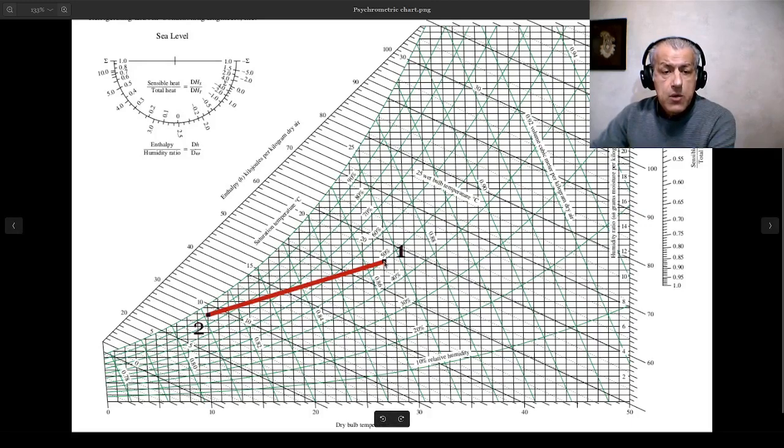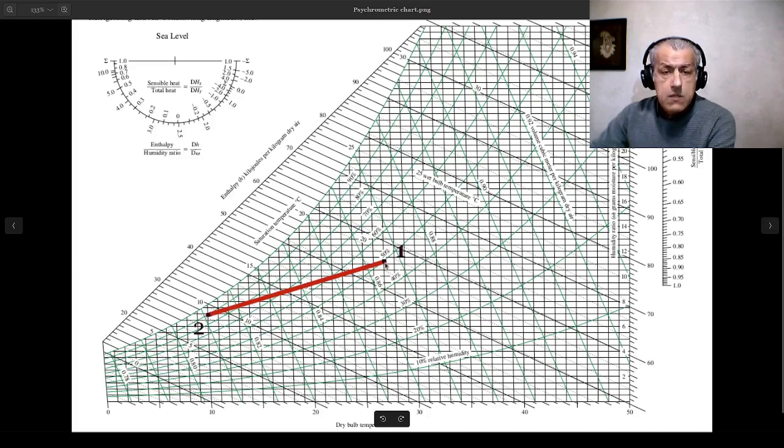You see, point 1 has 27 degrees centigrade, this is 20, this is 30, and this is 50% humidity. And point 2 is 10 degrees centigrade and is 90% humidity. Our process is from point 1 to 2.